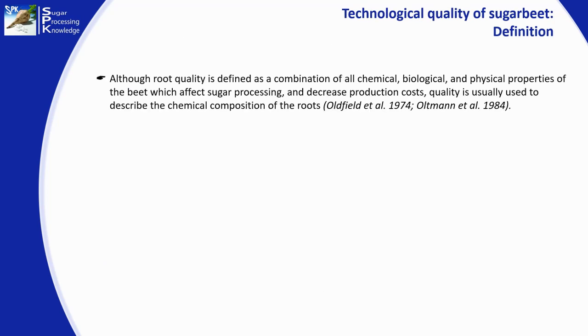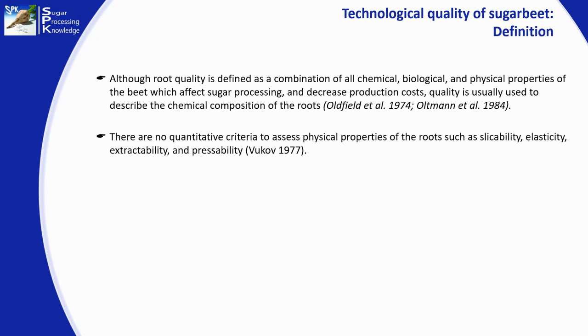Although root quality is defined as a combination of all chemical, biological, and physical properties of the beet which affect sugar processing and decrease production costs, quality is usually used to describe the chemical composition of the roots. There are no quantitative criteria to assess physical properties of the roots such as sliceability, elasticity, extractability, and pressability.